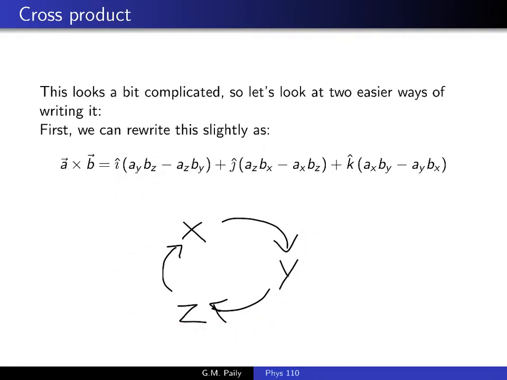So we have x, y, z, the next one is y, z, x, and the third one is z, x, y. And then for the remaining three terms, we simply switch the subscripts on these two. This is one way to remember the expression for the cross product.